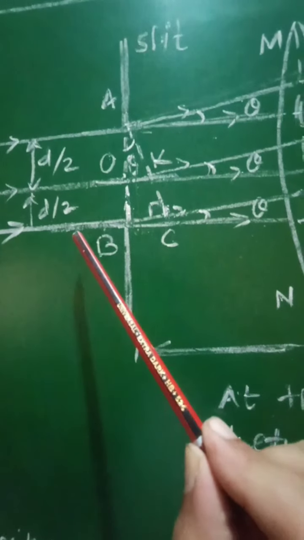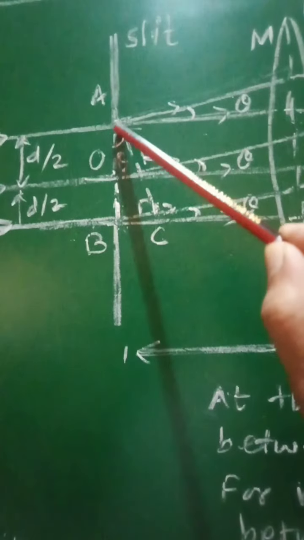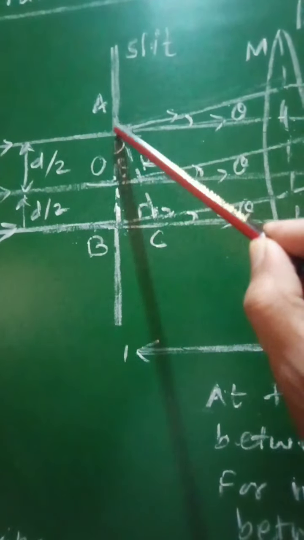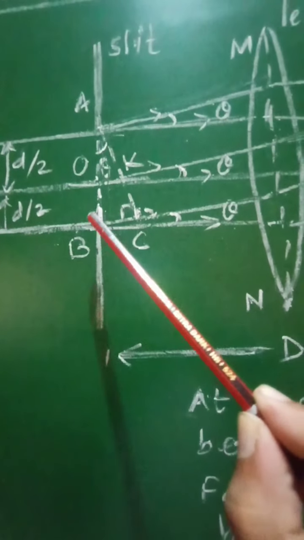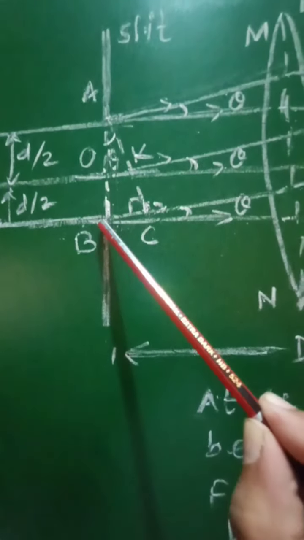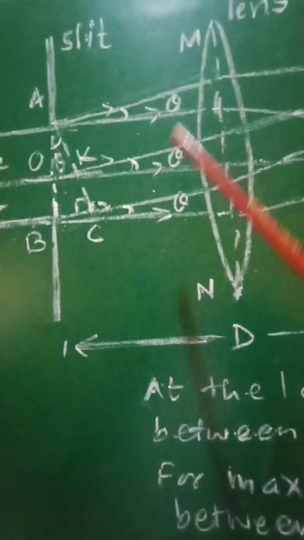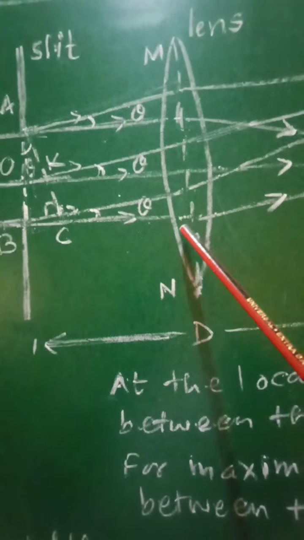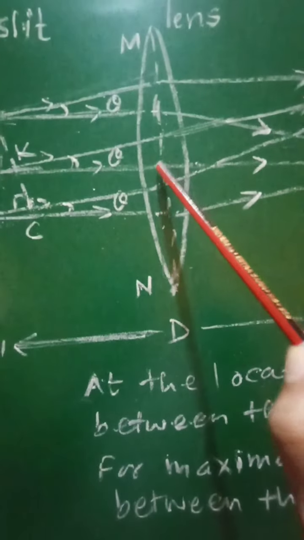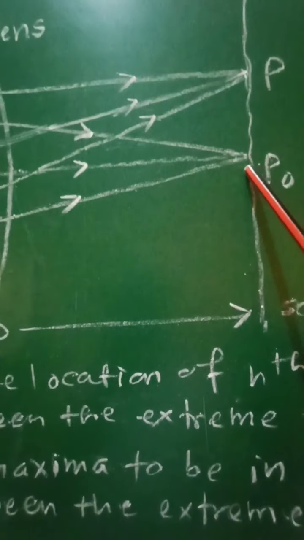As soon as this plane wavefront is incident on the slit AB, each and every slit element will act as a secondary source of light, and hence it will emit cylindrical wavelets in the forward direction. When these rays are incident on this converging lens, it will focus all these rays to point P0 on the screen.